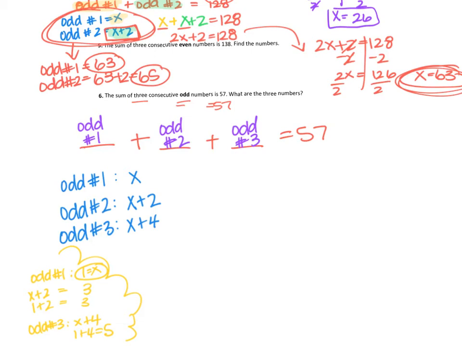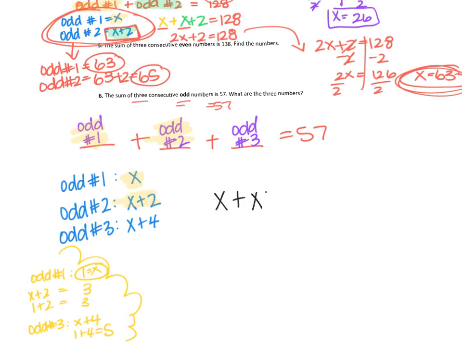In case you forget them, you should try to memorize it, but in case you forget it, you can always go back to, okay, 1, 3, and 5. How would I get from one to the other? All right, so those are our three pieces. So now if we substitute each of them in, we said odd number 1 is x. So I would have x plus, then we said odd number 2 is x plus 2.